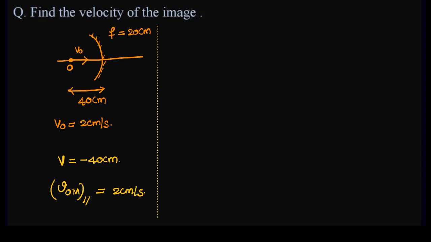Then in the parallel case, what is the velocity of image with respect to mirror in the parallel direction? It will be equal to minus of v by u whole square into the velocity of object with respect to mirror in parallel, the formula we have seen.